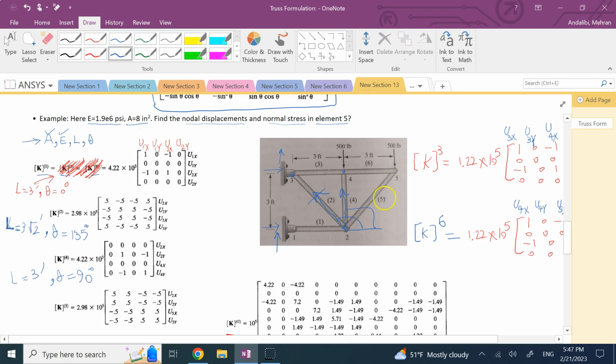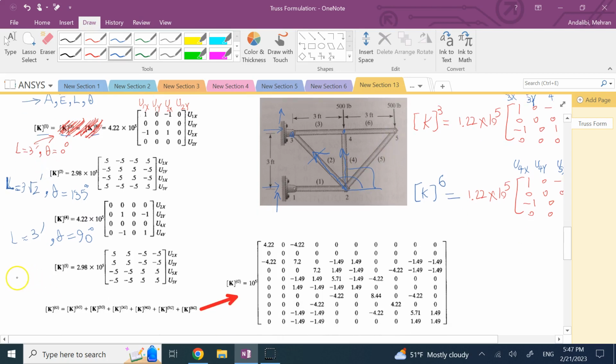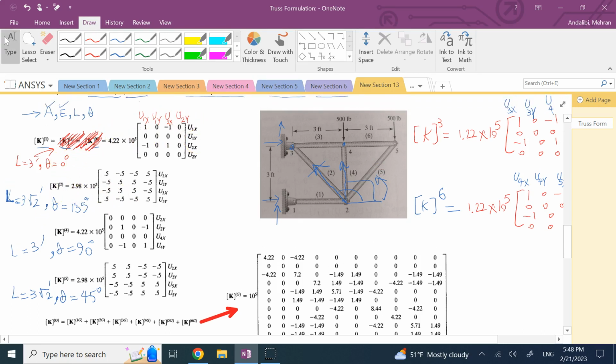And finally, we have member 5, where here the length is again 3 square root 2. And the angle is this time 45 degrees, right? That's this angle here. So this way you can find the K's for all individual members, K1 to K6. You found all of the K's.